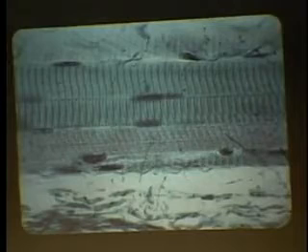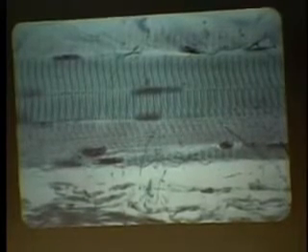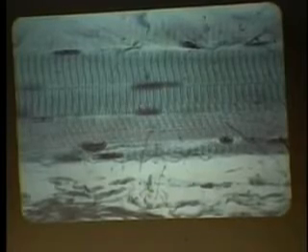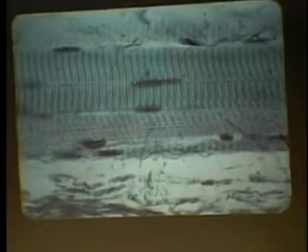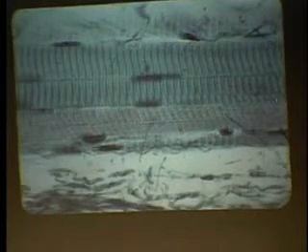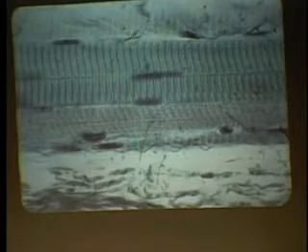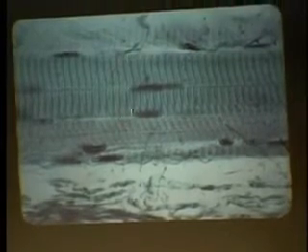Next one. What kind of muscle is it? How do you know? Where is the nucleus here? Peripheral. So you see it's really a very different type of muscle, designed for very rapid contraction in some cases, but you can see your A bands very clearly.